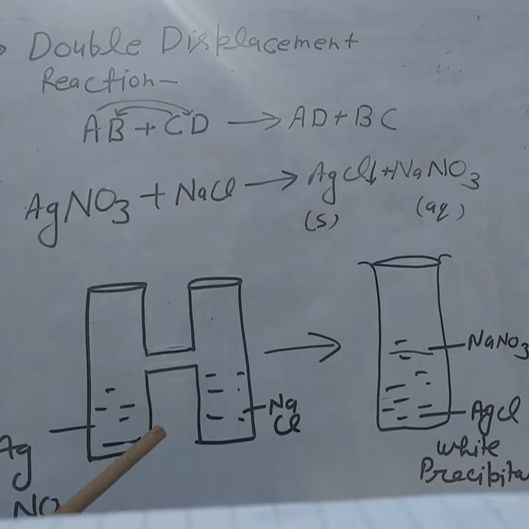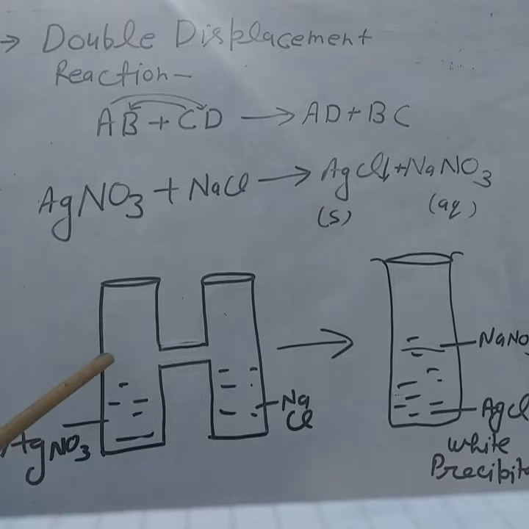So in this activity, take two test tubes. In one test tube take AgNO3, or silver nitrate, and in the other test tube take sodium chloride.